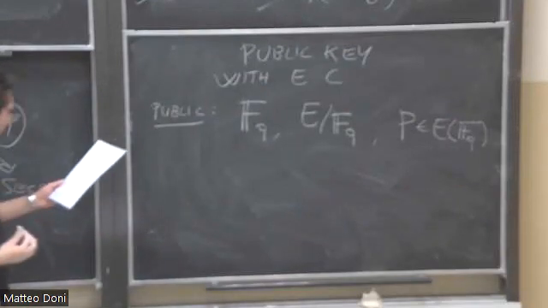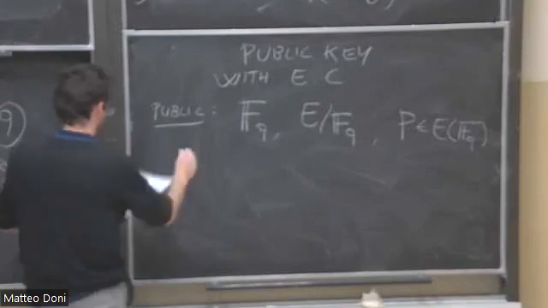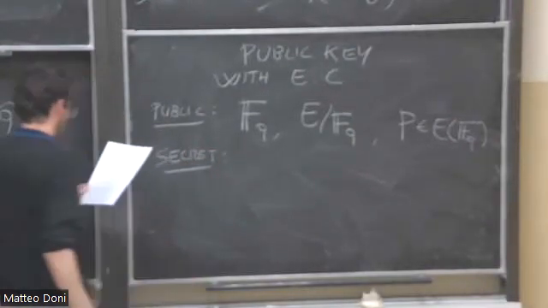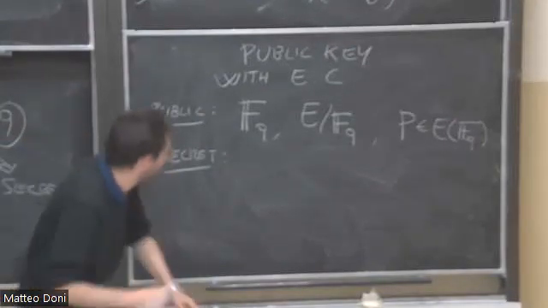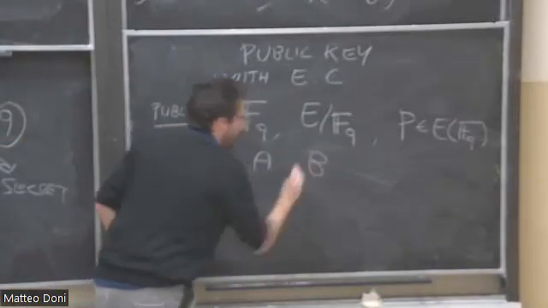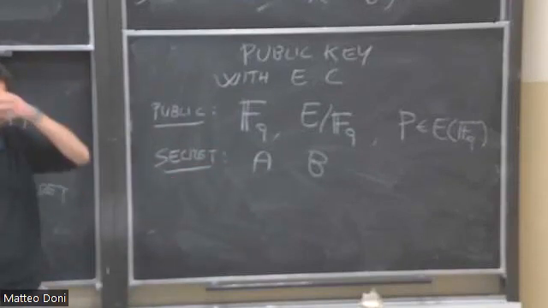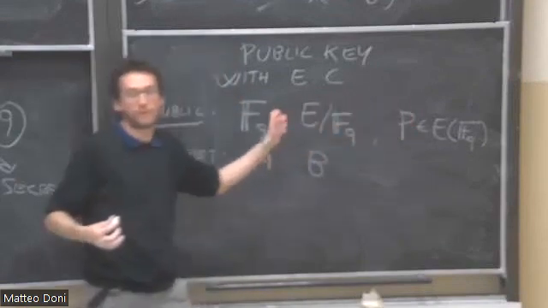What are the secret ones? The idea is that now the secret is that you have Alice and Bob, as always in cryptography, that want to send messages. They share this common knowledge.